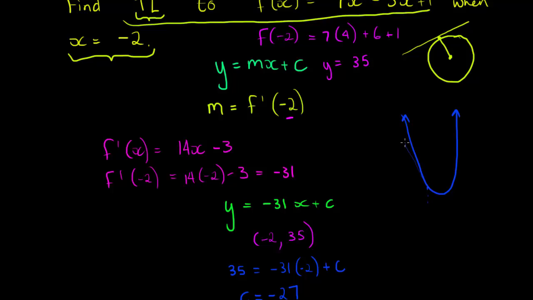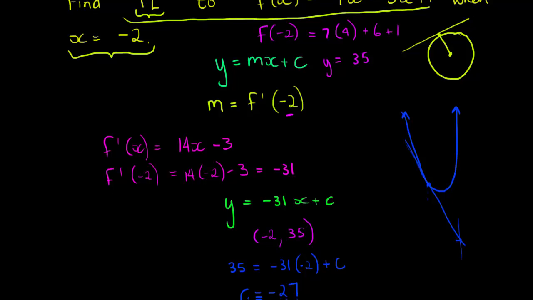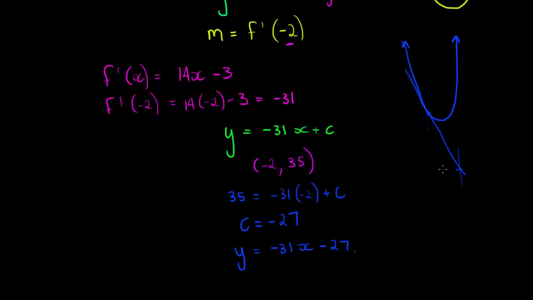I've got my tangent line going there. That tangent line, when it cuts the y-axis, cuts it at -27. So that's just basically an idea of the graphical representation of what we just did.